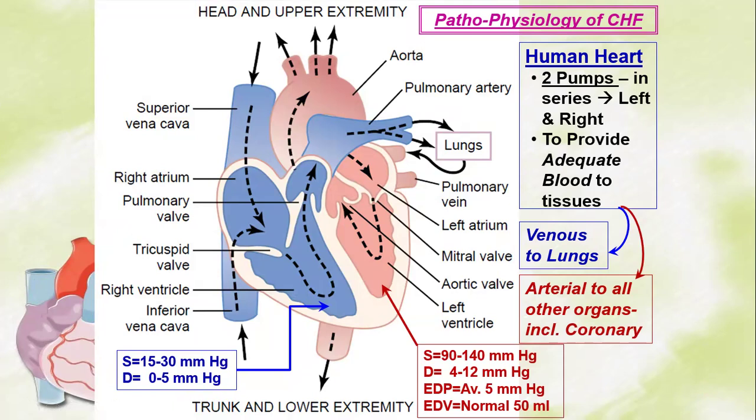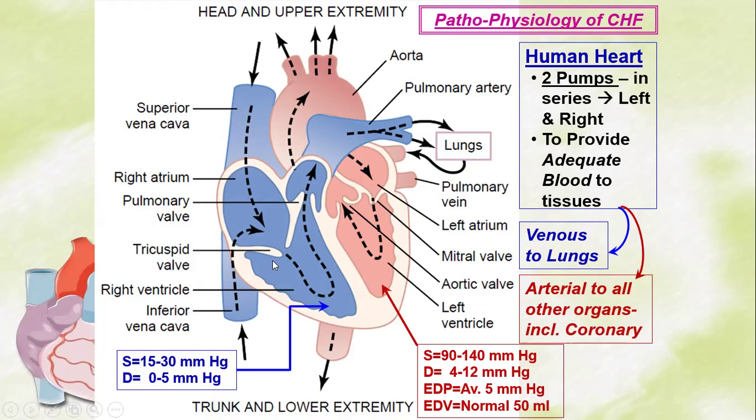There are a left atrium, left ventricle, a right atrium, right ventricle, and the left ventricle in particular pushes the blood to the aorta, and then blood goes to the arteries. Then it goes to the capillaries, where exchange of oxygen and nutrients happens, and then your blood returns back to your right atrium, right ventricle, and then it goes to the lungs.